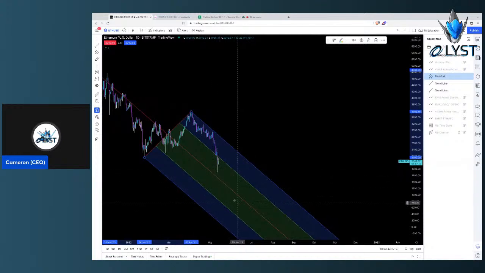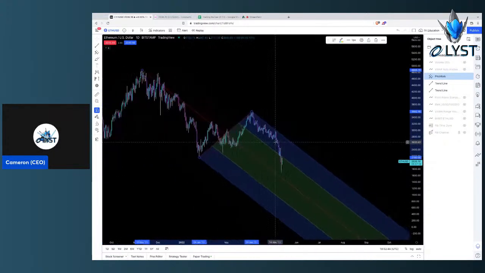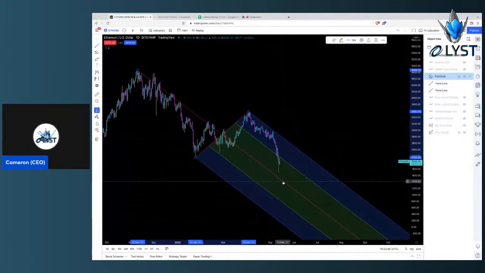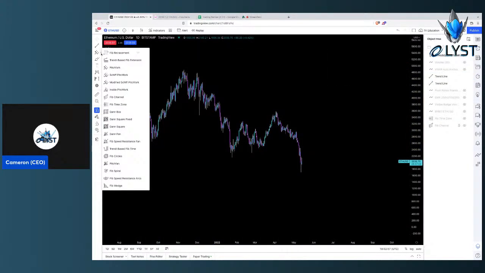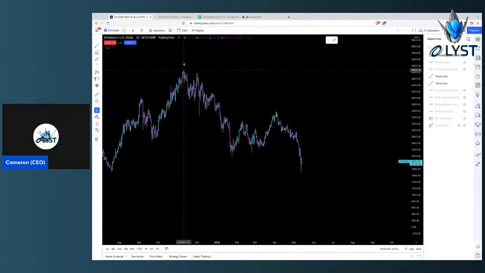So this zero line could be pretty important. Didn't really get too much play off of that, but we might want to keep that here. Also, we've got our speed fan we want to take a look at. We don't want analysis paralysis, where we have so much information that we don't know what we're looking at.